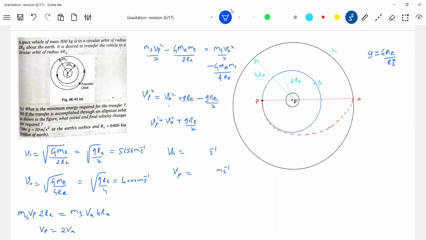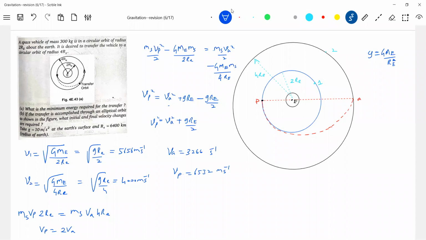Okay, this one. Apogee 32. Perigee should be twice of this one. Check it now. It'll be this much only. Okay, now I got it.